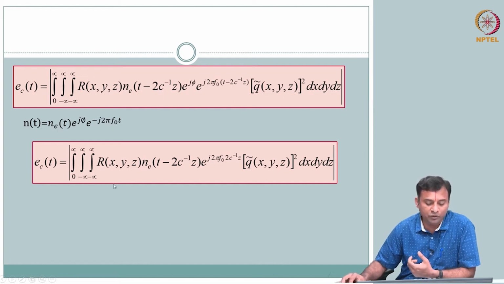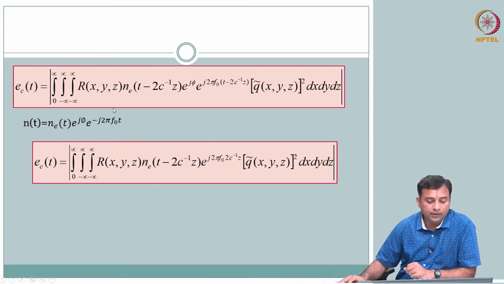So, essentially from here to here, we have recognized that for any exponential that is not a function of x, y, z, you do not have to worry about that. So, e^(j phi) and e^(j 2 pi f naught t) is taken out. Okay. So, you are just left with the remaining.